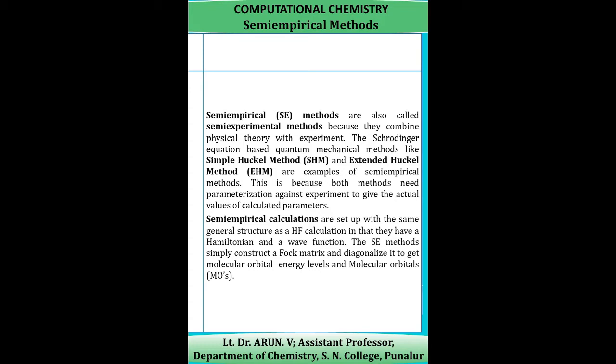That is, here also the semi-empirical methods require a Hamiltonian and also a wave function. The semi-empirical methods simply construct a Fock matrix and diagonalize it to get the molecular orbital energy levels and molecular orbitals.